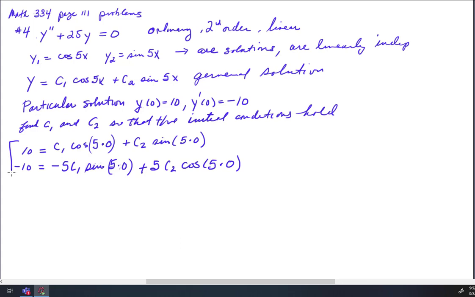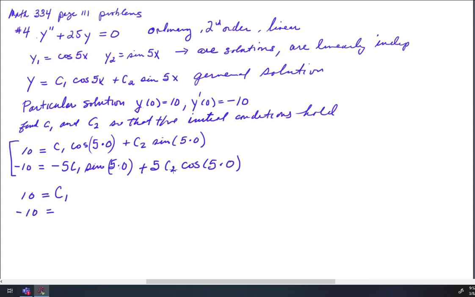So these would be simultaneous equations. Now let's rewrite these, and if I rewrite, I get 10 is equal to, well, 5 times 0 would be 0, and the cosine of 0 is 1, so this would be a C1, and 5 times 0 is 0, but the sine of 0 is 0, so this term disappears, and the first equation evaluates to 10 is equal to C1. And the second equation evaluates to negative 10 is equal to, and the sine of 0 would be 0, so this term drops out.